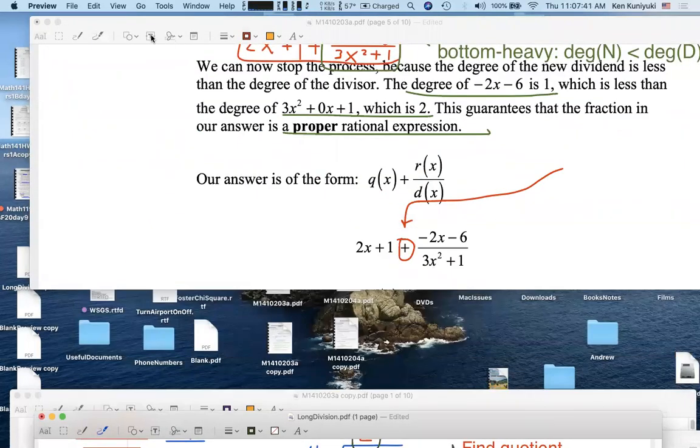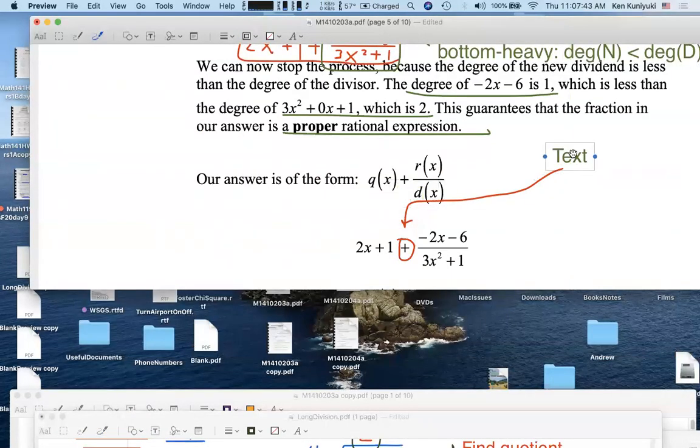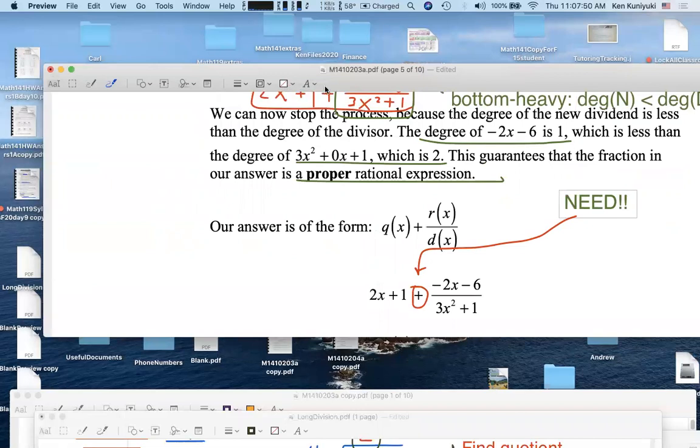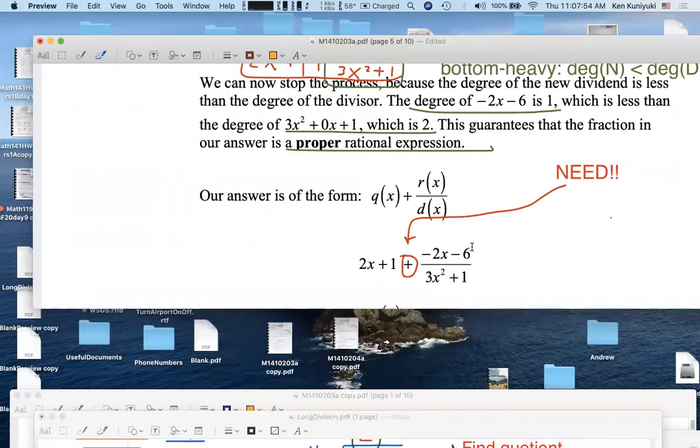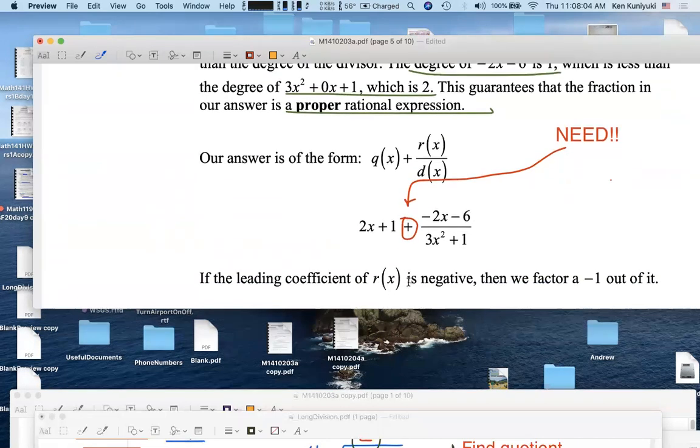You need the plus sign. Or if you don't have a plus sign, what you could do is factor a -1 out of the top, and then it becomes a minus sign. But basically, you need either a plus sign or a minus sign over there.